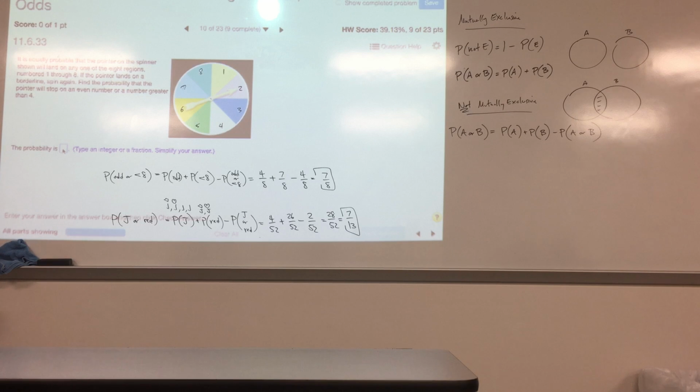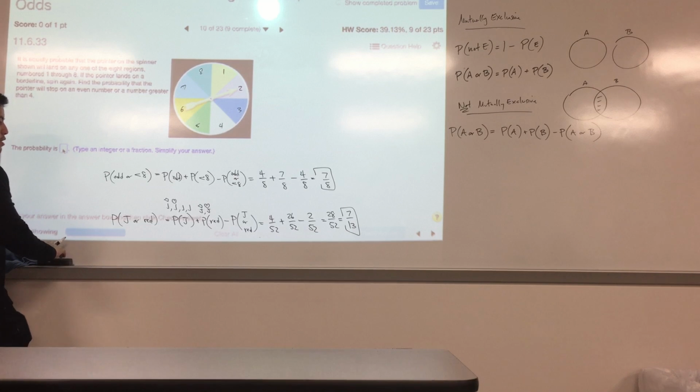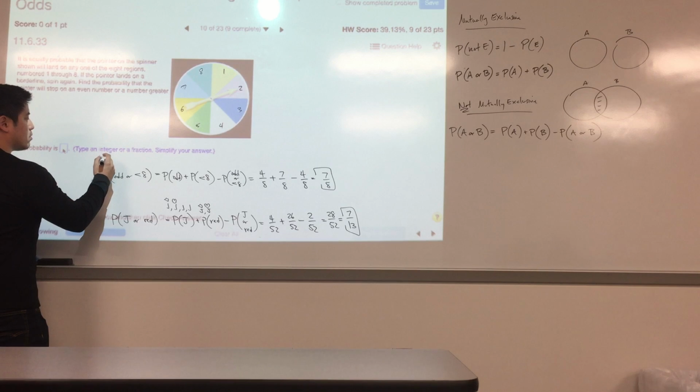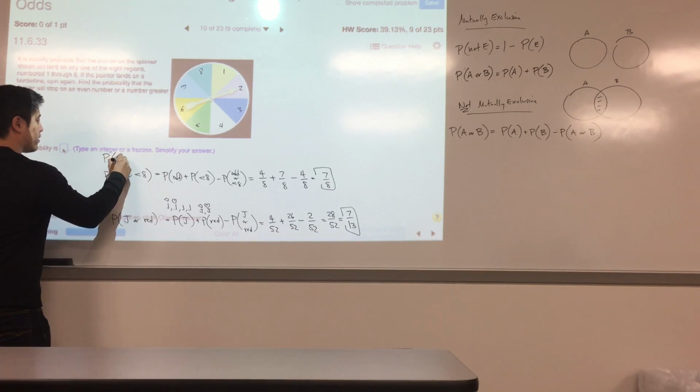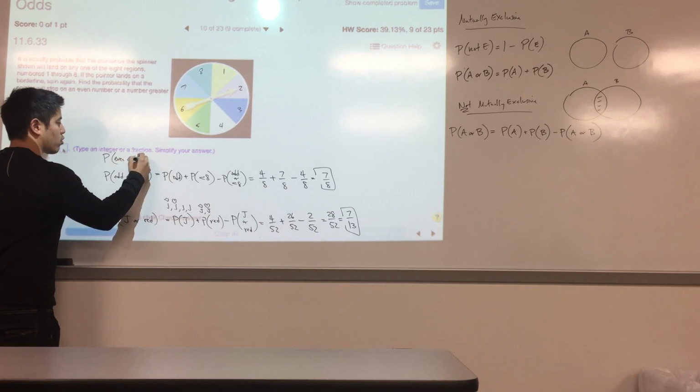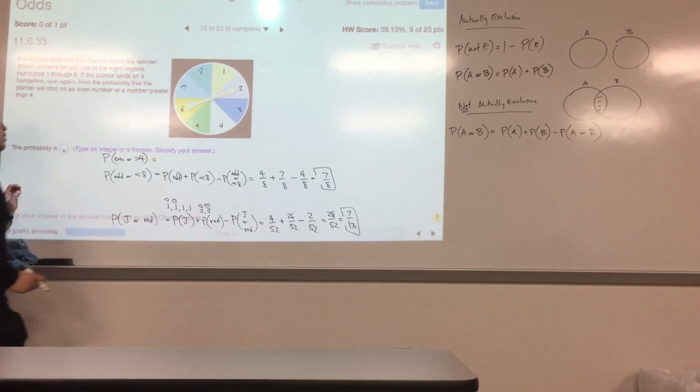Another spinner problem. Same situation, I'll just read the probability question. Find the probability that the pointer will stop on an even number. Okay, let's go set that up. How about I do, we'll do this. Probability of an even number or a number greater than 4.